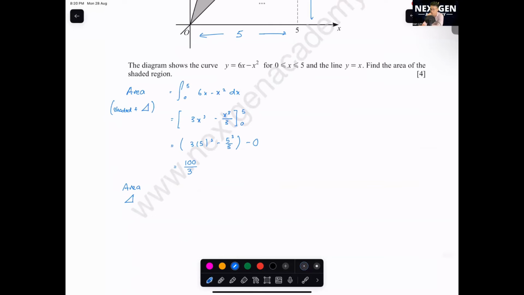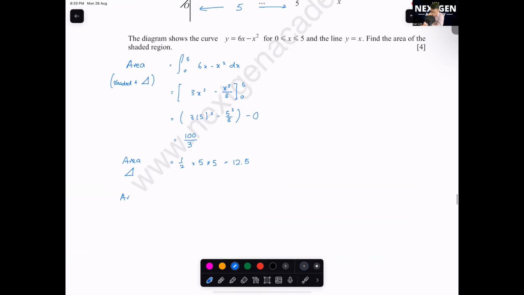You don't need to go and integrate this. This one is a nice triangle that we can find. So your answer here will be 12.5. The area of your shaded region, we'll take 100 over 3 minus 12.5, which is equal to 125 over 6.